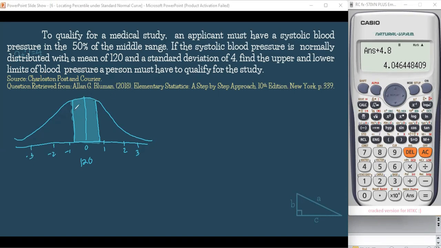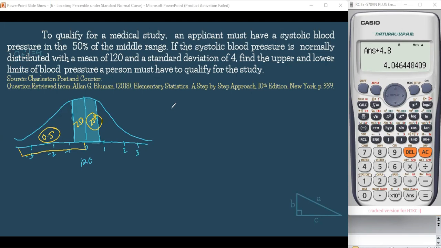So, first, alam natin na ang kabuuan ito is 50. Kaya pag hinati natin siya, this is 25%. Ito po another 25%. Pero alam din natin na magmula dito hanggang doon, this is 50%, right? So, kapag inadd natin ito at ito, so anong kabuuan? That is 75%.